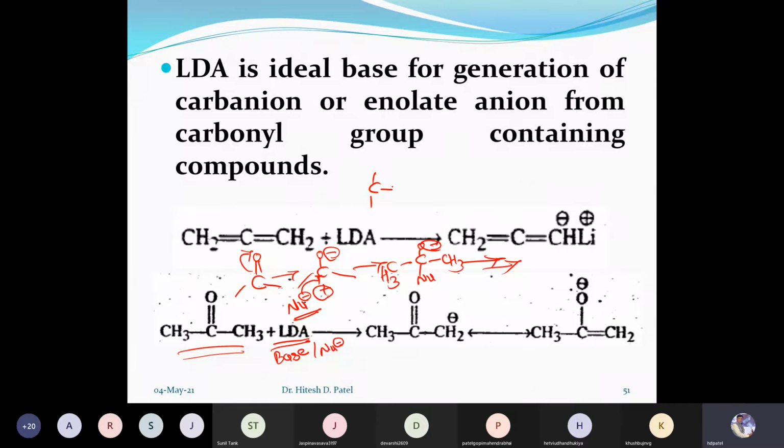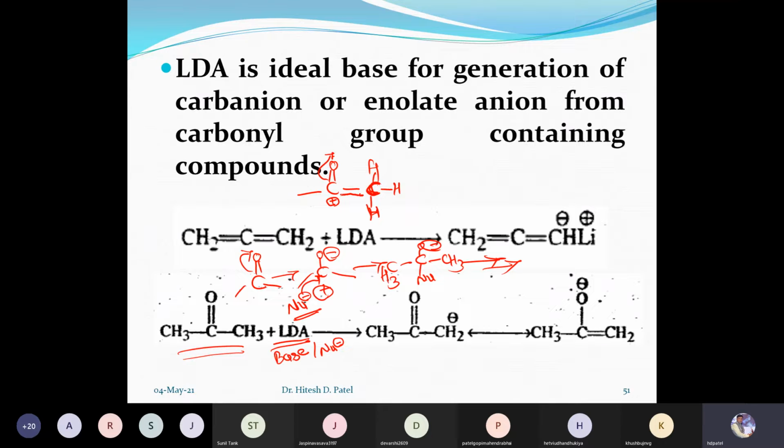When I'm talking about this CH3, I'm not going to write the whole structure, but this CH3 is attached with C double bond O, the carbonyl group. This oxygen will pull electrons, so definitely this becomes plus. When it becomes plus, it will try to pull electrons from the neighboring carbon.